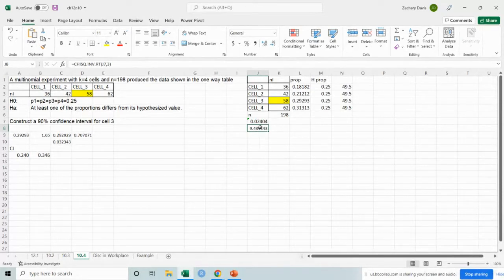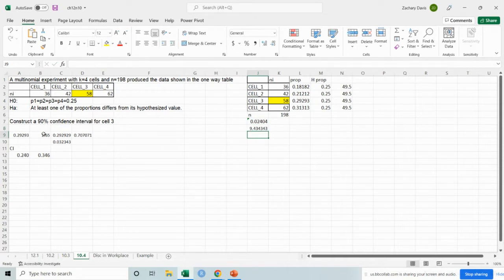We use that p-value and the chi-square inverse right-tailed test. Remember, k minus 1, because we have 4 cells, is 3. And our p-value will give us our chi-square value.